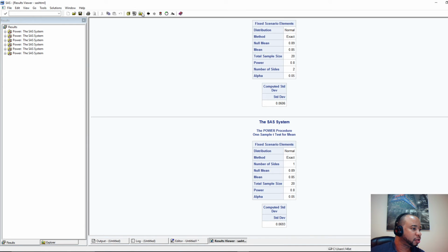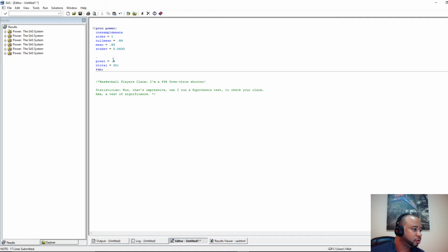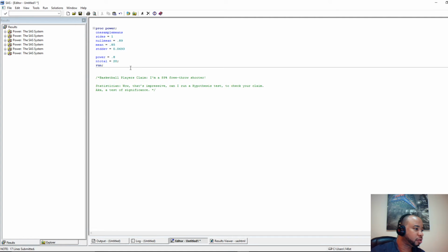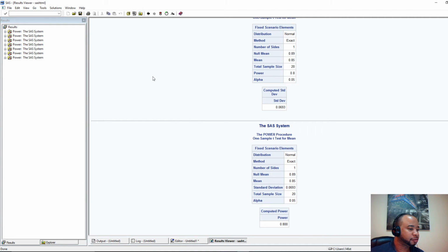Let's run it. So this time I actually know a standard deviation. So let's see what happens if we want to calculate the power. This is good. I'd get an 80% power based on this, which is what we would expect.